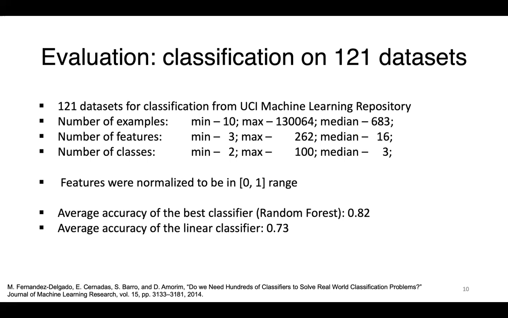And they reported that the highest accuracy they obtained on the data sets was 0.82 by random forest. And so for comparison, the average accuracy of the linear least squares classifier was 0.73. And from now on, I'll be referring to the linear least squares classifier as just the RLS classifier, or regularized least squares.